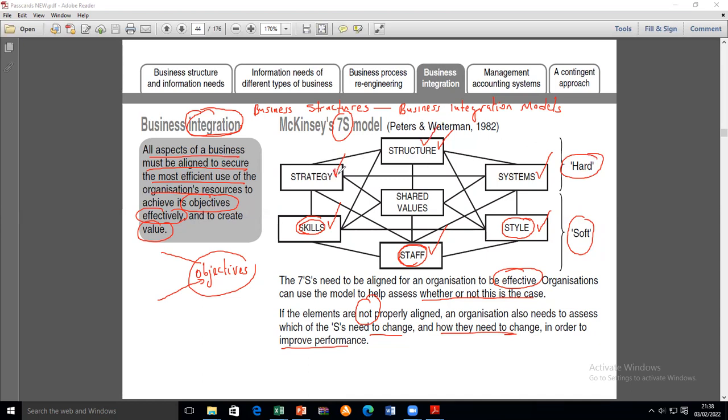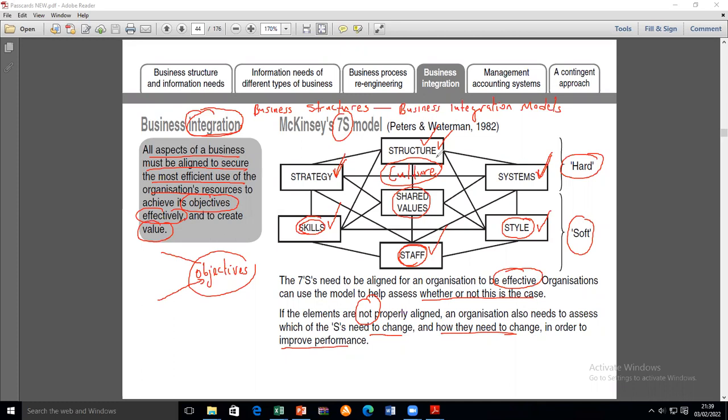We need to have a roadmap for the future. And we need the systems so that we are orderly. All these must be glued together by shared values or a strong culture.